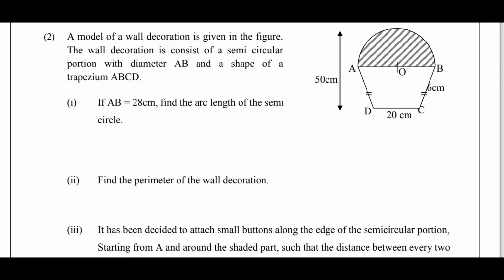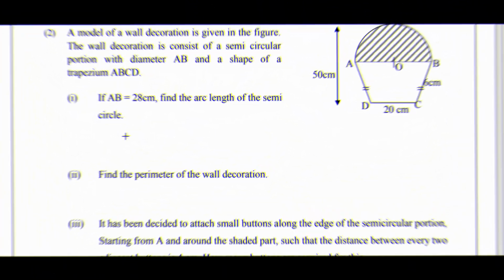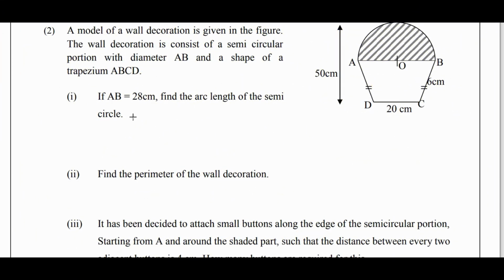If AB is 28 centimeter, find the arc length of the semicircle. Then we are asking about this AB arc length. Arc length of a circle can be written as, we know, 2 pi r into theta over 360, or pi d into theta over 360.